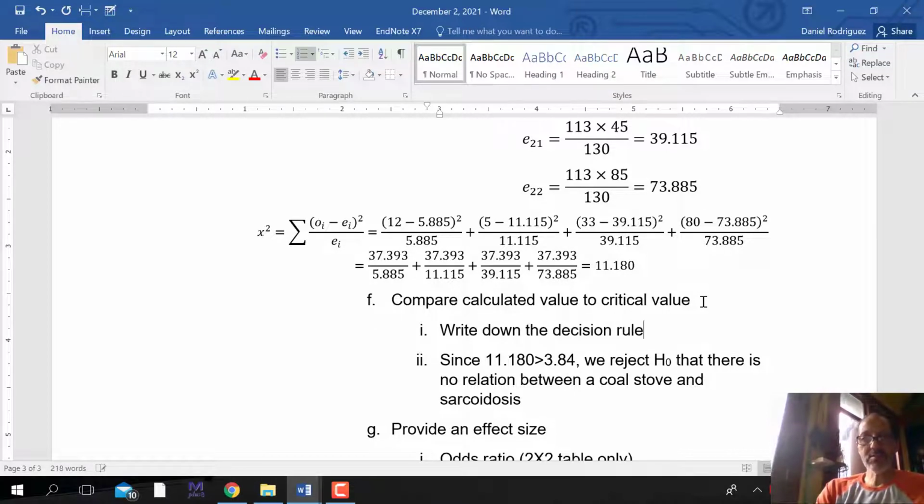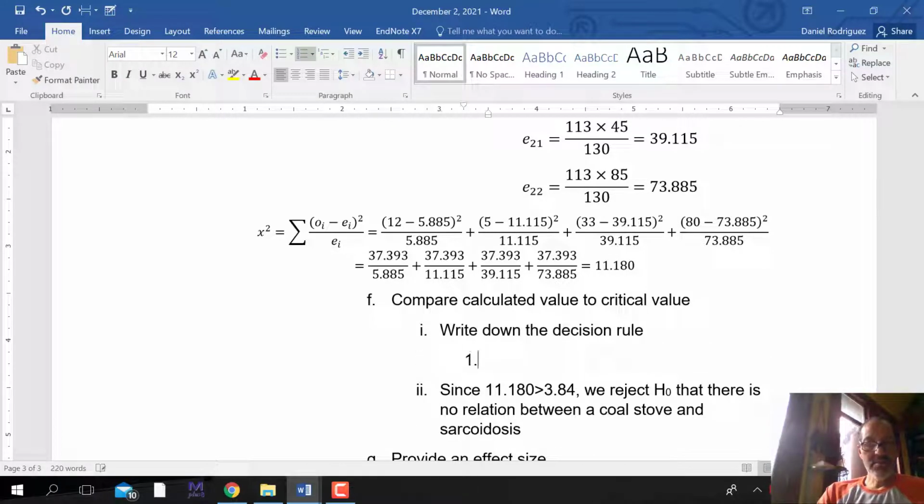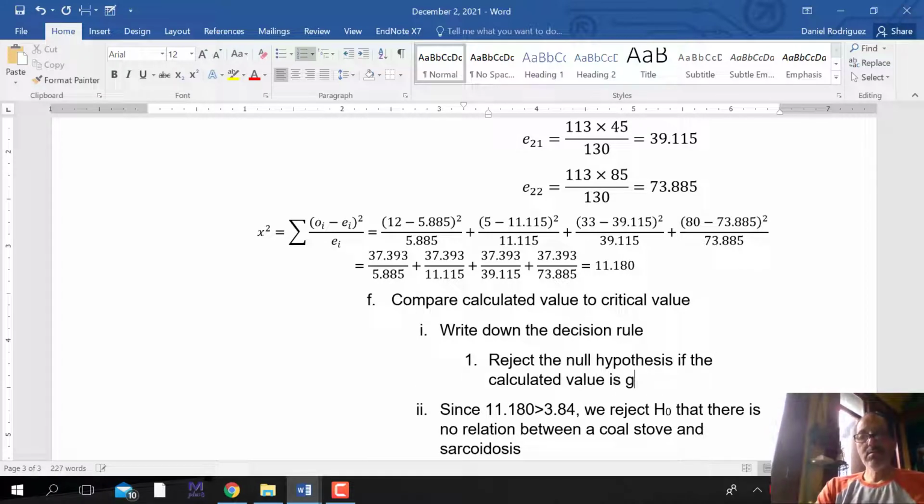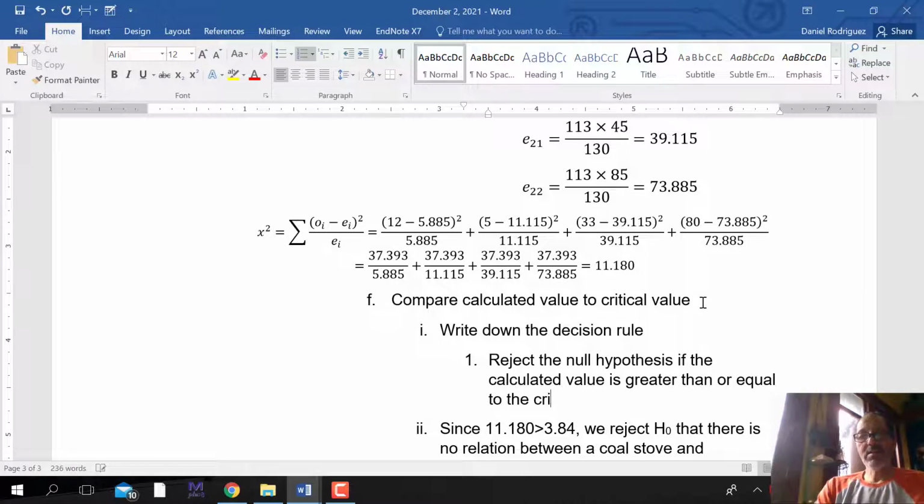Let's say: reject the null hypothesis if the calculated value is greater than or equal to the critical value.